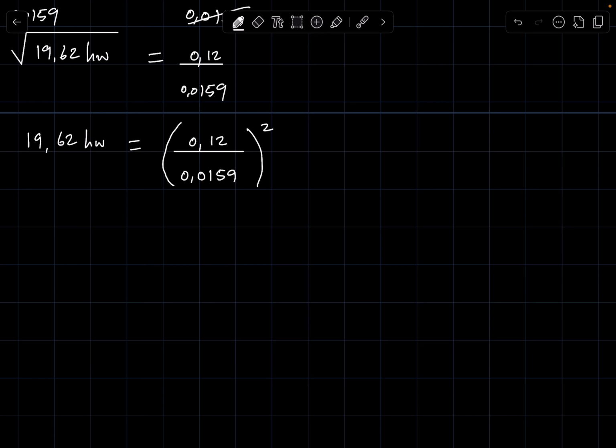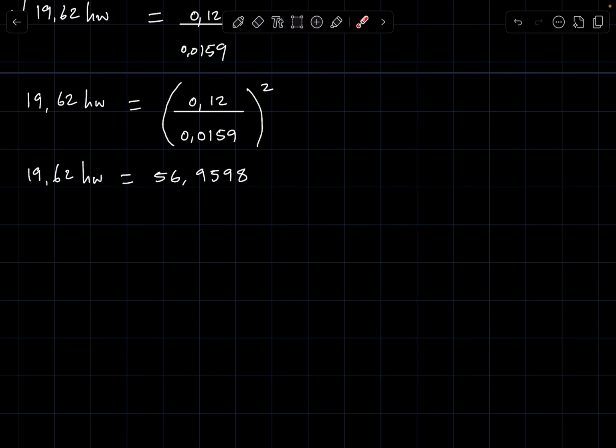All right, then we have 19.62 HW is equal to, and if you punch this in your calculators, you should get 56.9598. Because I'm looking for HW, I then divide by this coefficient, making sure that the coefficient of HW is 1.